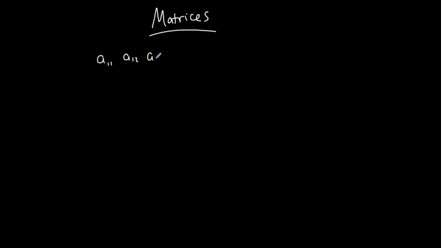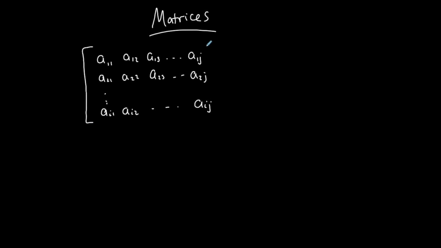A12, A13, A1J, A21, A22, A23, A2J, all the way down to AI1, AI2, Aij. So you see a matrix represented as a bunch of, let's say, floating numbers in this big bracket thing.